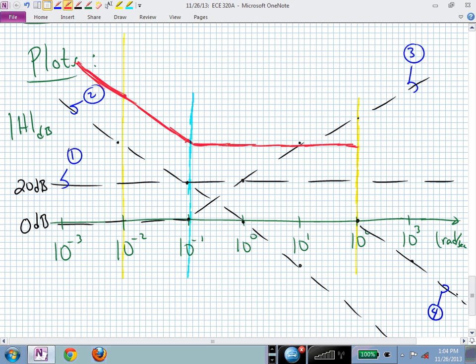I have a 0, I have a pole, and I have a second pole. Negative 20. Down, right? So if I'm 40 here, then at the next decade, I better be at 20. And at the next decade, I better be at 0. And I would just keep sloping at that slope for all frequencies thereafter. And that red curve is then the total.